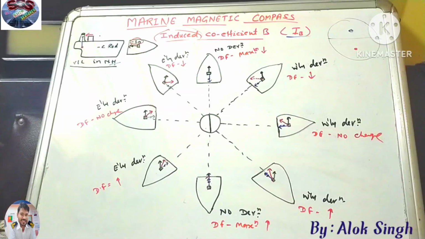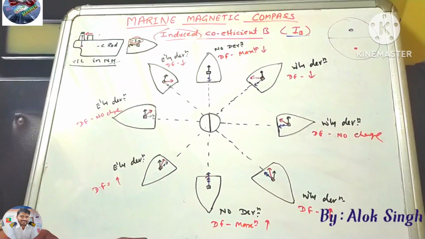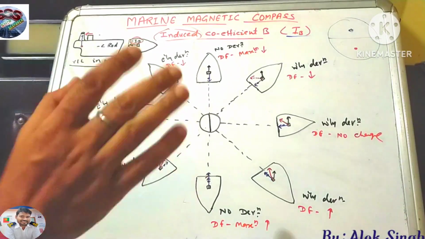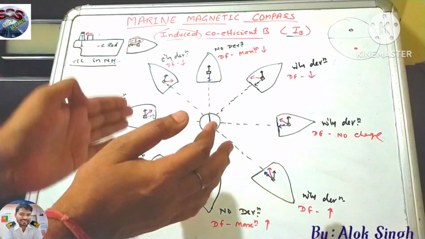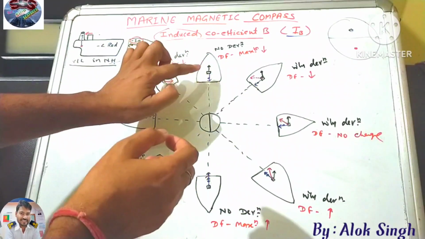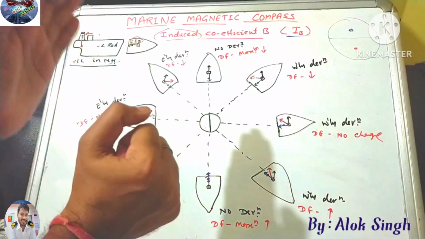Now the main thing people don't understand is how the directive force and the deviation form. We have already discussed that the horizontal force, which I have drawn here in black ink, will always act towards the north.